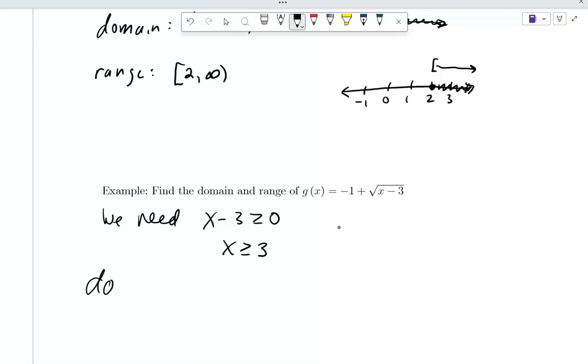I want to write this in interval notation. Again, sometimes I like to think of it as a number line first. Would I use an open or a closed dot at 3? It'd be closed because it's equal, right? We would fill it in. And then since it's greater than, will we shade to the right or shade to the left? To the right.